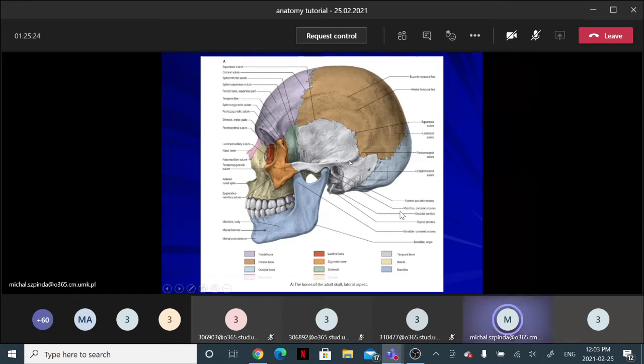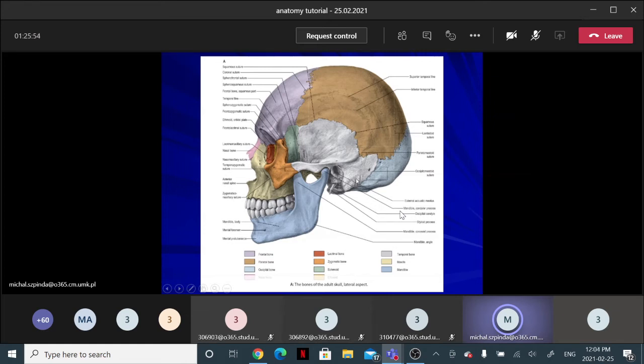The zygomatic process has two roots, posterior and anterior. Just below the posterior root is the tympanic part of the temporal bone with its external acoustic meatus, which has to do with the outer ear.